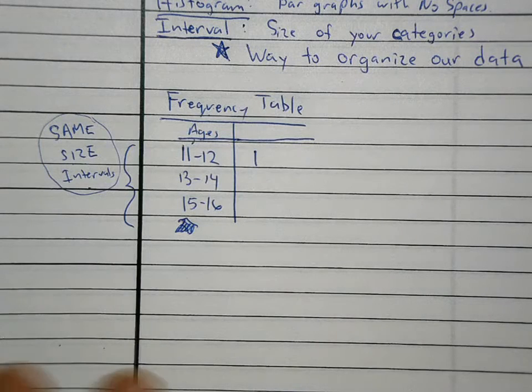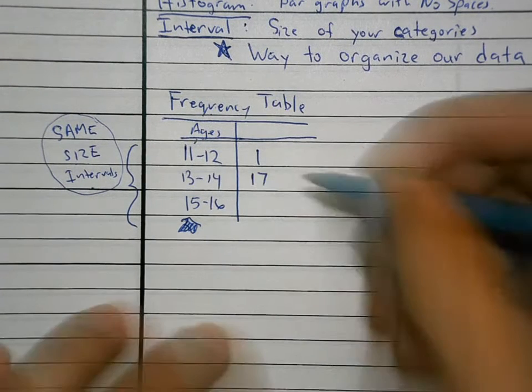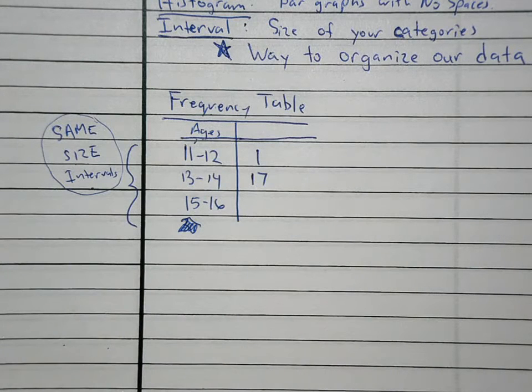That's what we're going to write down. We have 17 13 to 14-year-olds. If you are 15 or 16, please raise your hand. Nice and high. 1, 2, 3, up to 16. Perfect.